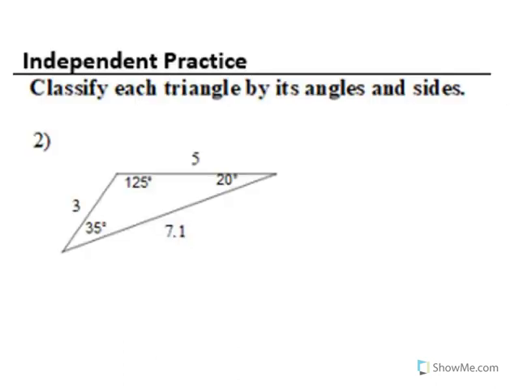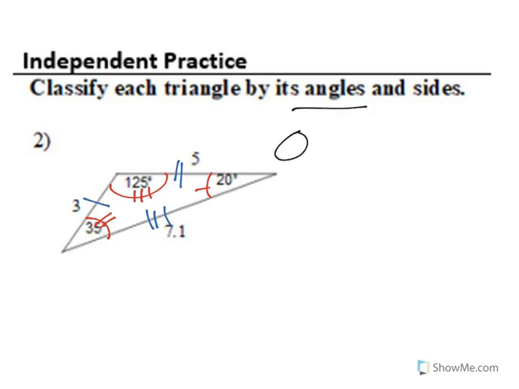And hopefully you have identified this as an obtuse scalene. I have 3, I have 5, and 7.1. You notice none of those tick marks are the same. I have 35, I have 20, and I have 125.